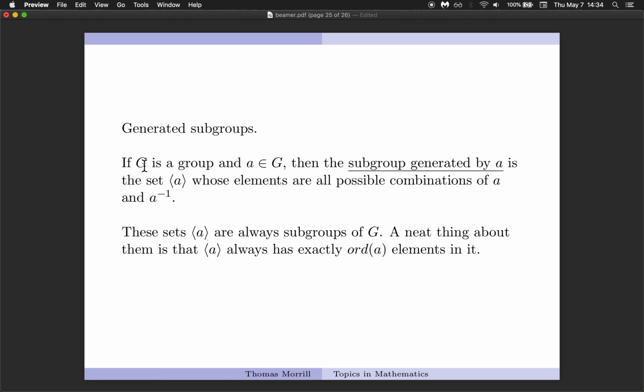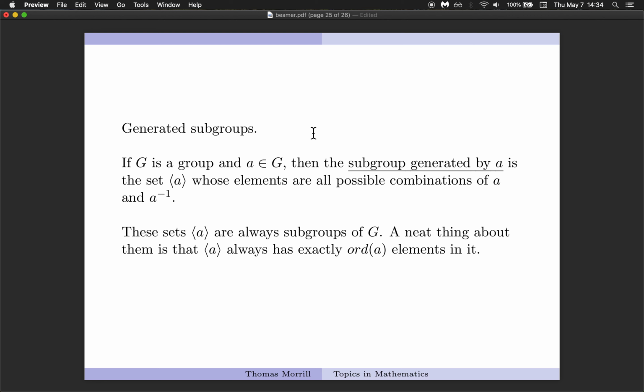Let's say that G is a group and A is an element of G. I'm going to take brackets A to be a set whose elements are all possible combinations of A and A inverse. So in a cyclic group, my brackets A is equal to the entire group G. That doesn't always happen. That is a special property of cyclic groups.